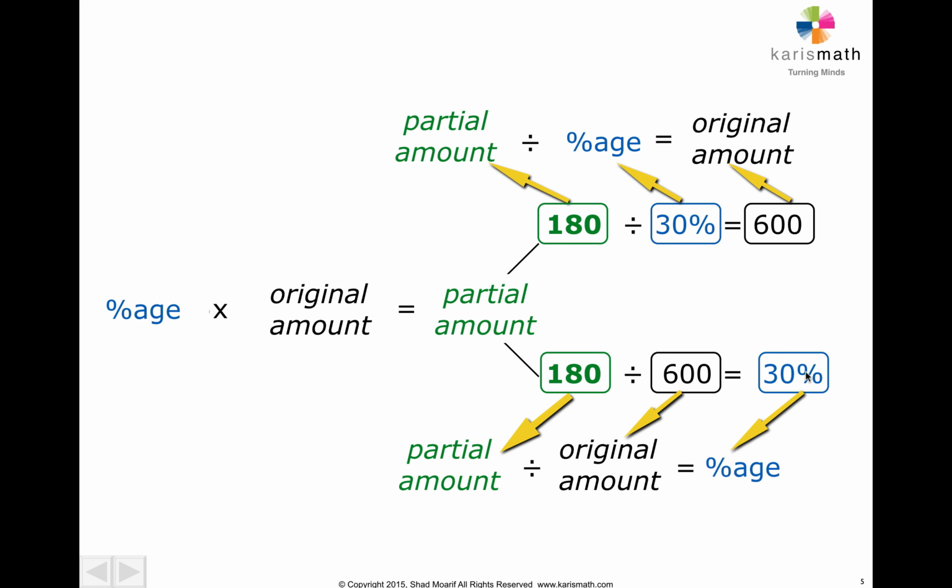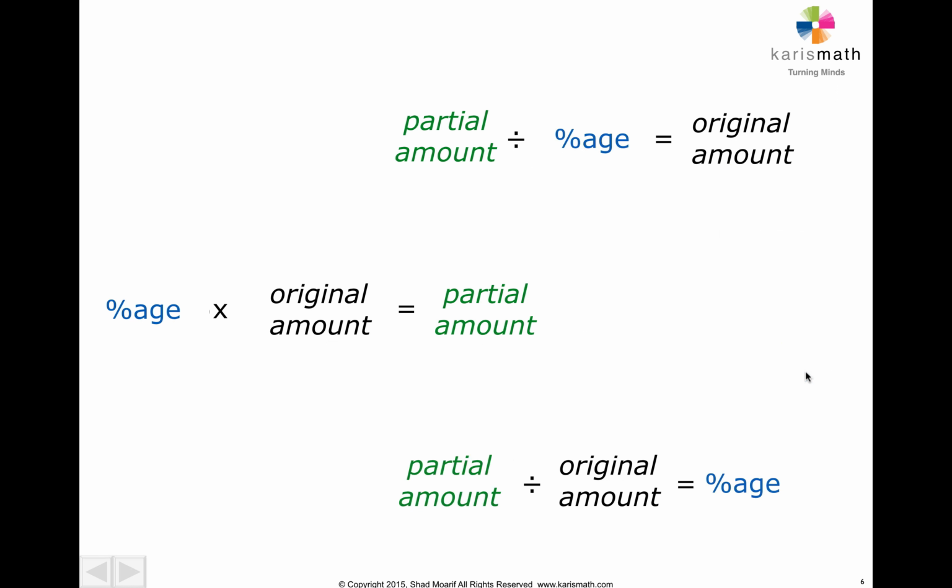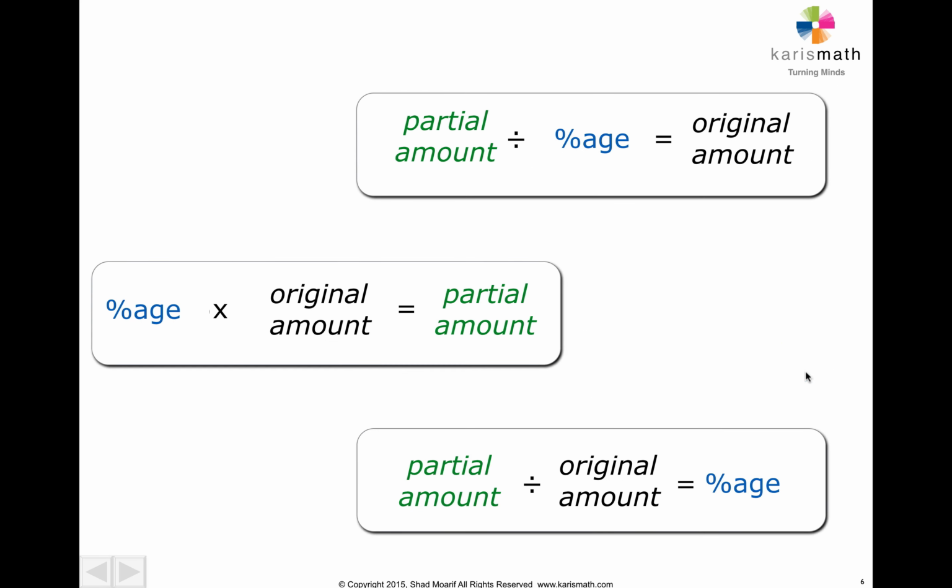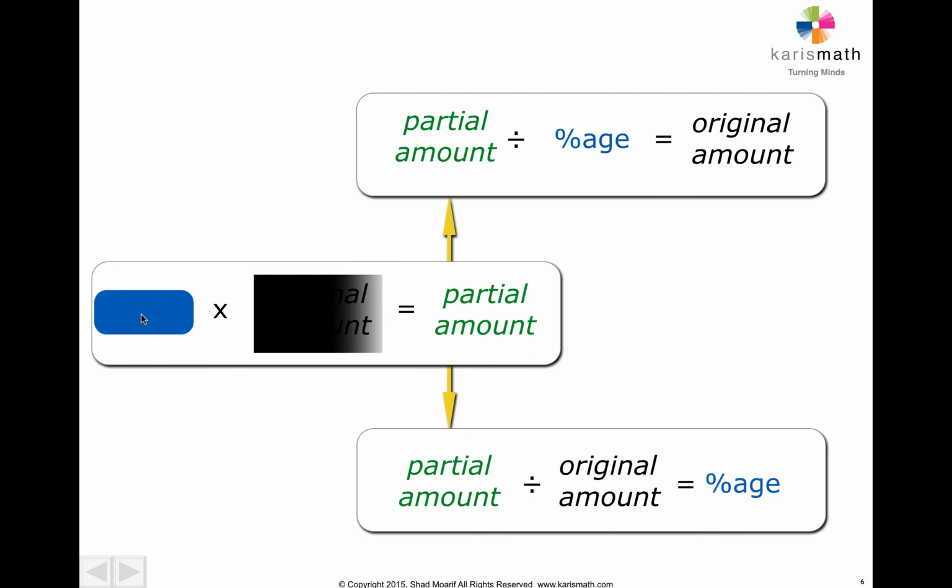Isn't that interesting? Because if we write this as a pattern and give it colors, for example, we can give this a blue color for percentage, and the large original amount is a large black bit, and a part of this black bit is the partial bit over here, the partial amount.